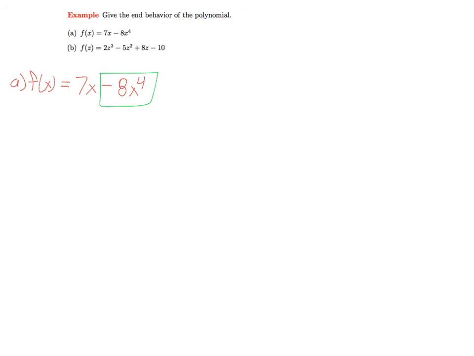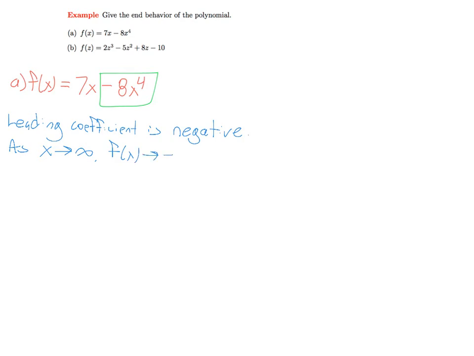And so what we see is, first of all, the leading coefficient is negative. So this tells us right away, as x goes to infinity, f of x is going to go to minus infinity.